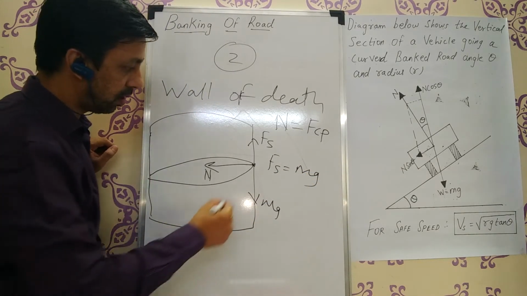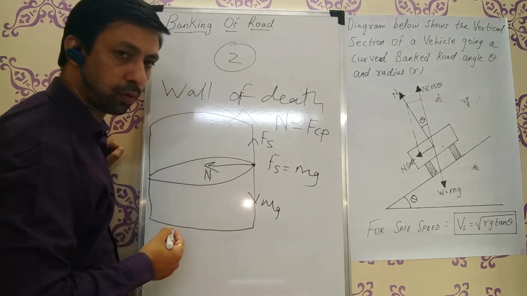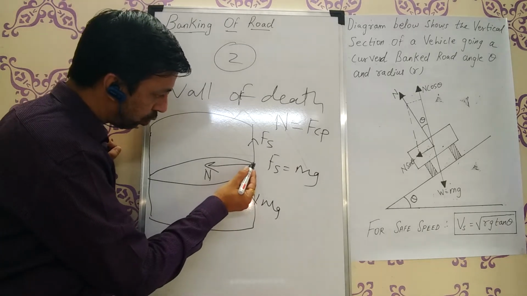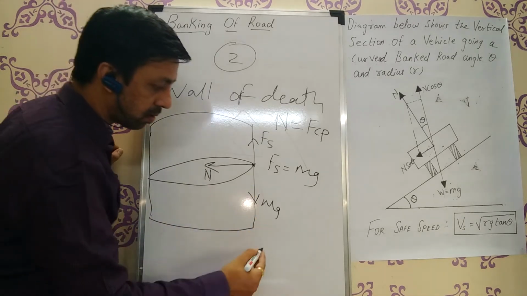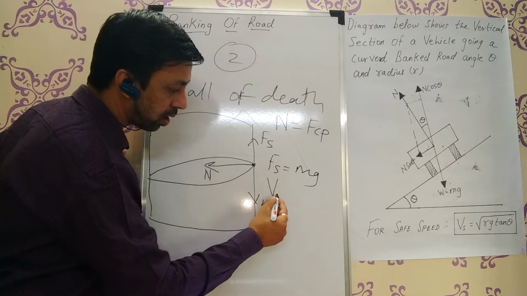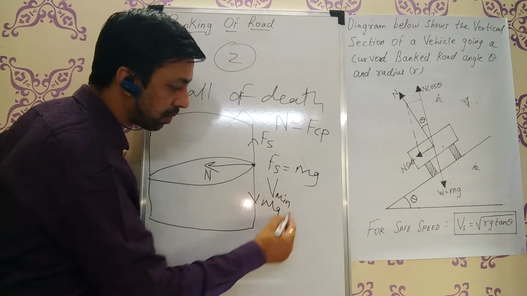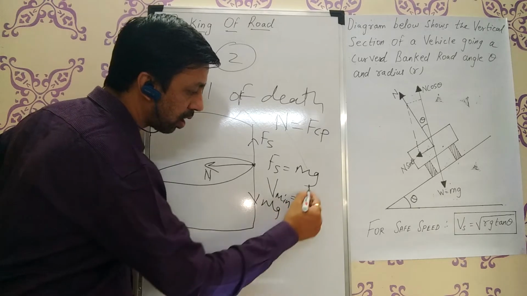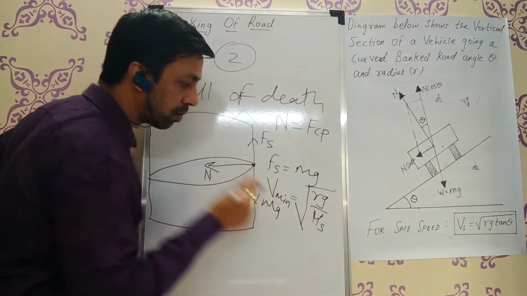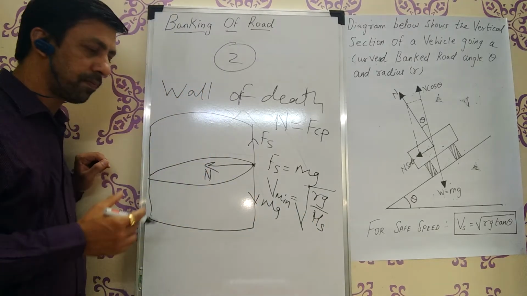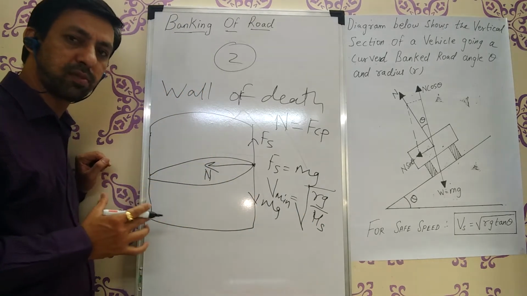In this case, we found that though the object is moving along a horizontal circle, the velocity expression we got is v minimum, which is under root of rg upon mu s. So there is a limitation on the speed.